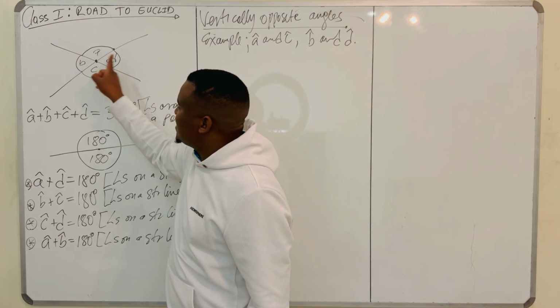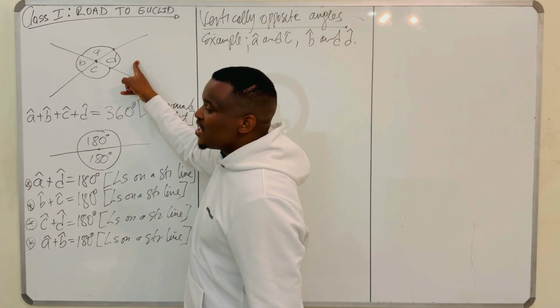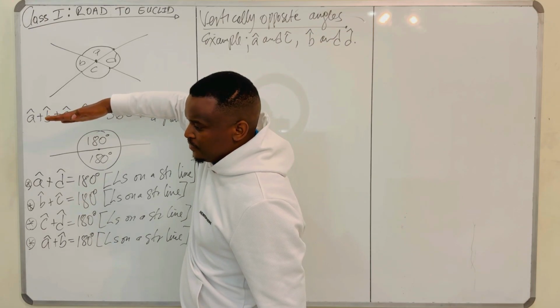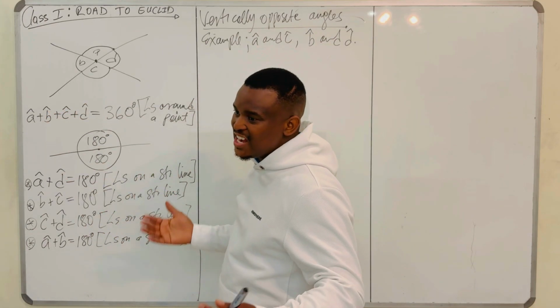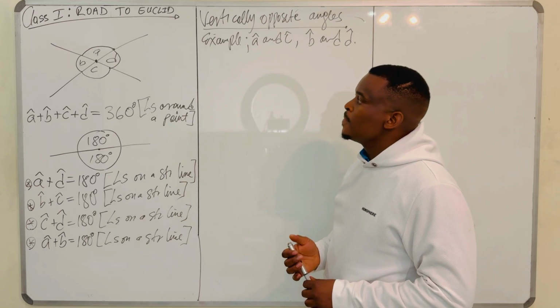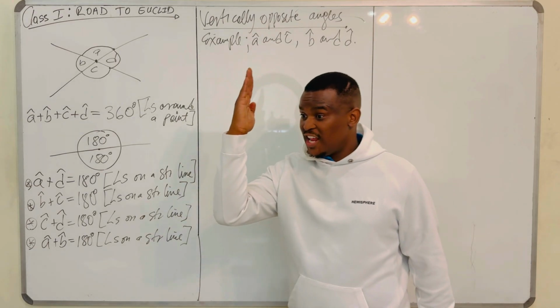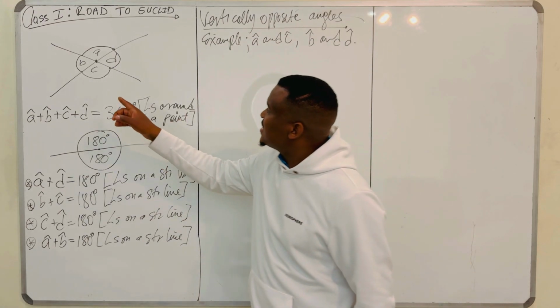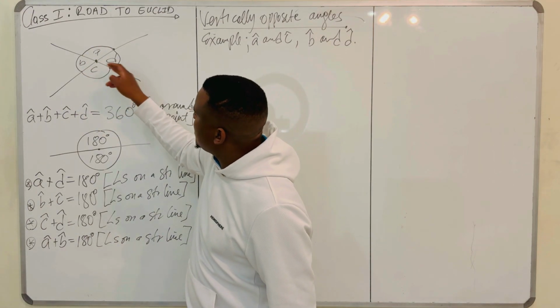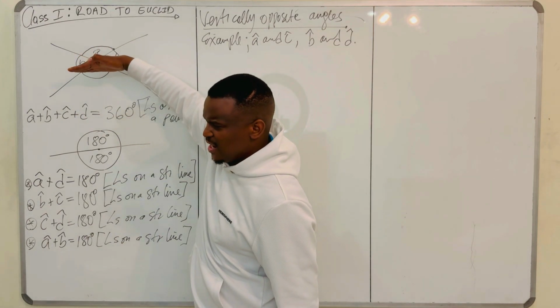B and D are not vertical. You can see that they have a horizontal orientation, but they're still called vertically opposite angles nonetheless. Vertical means this orientation, and A and C do have that orientation. But B and D are horizontal to some degree.